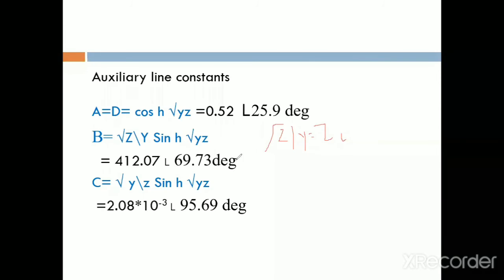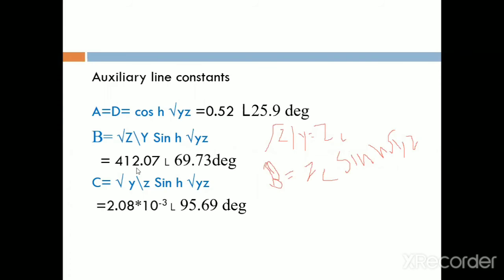Okay, then we write the formula for B also, that is B is equal to ZC into sinh root of yz.